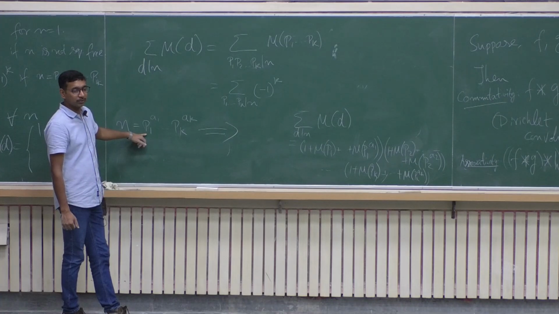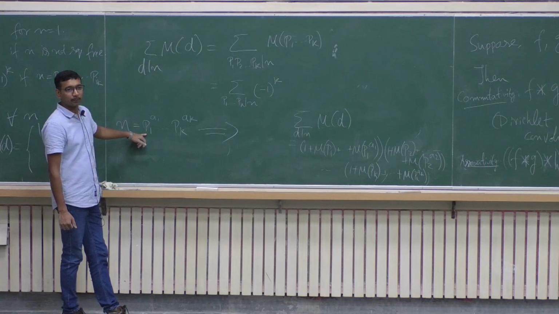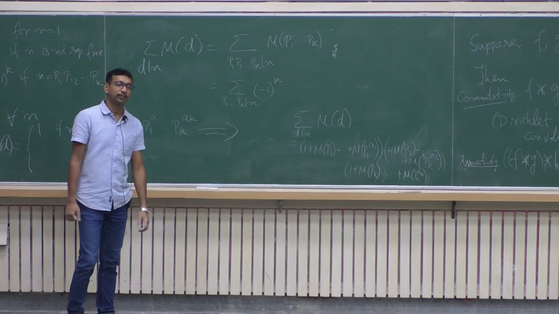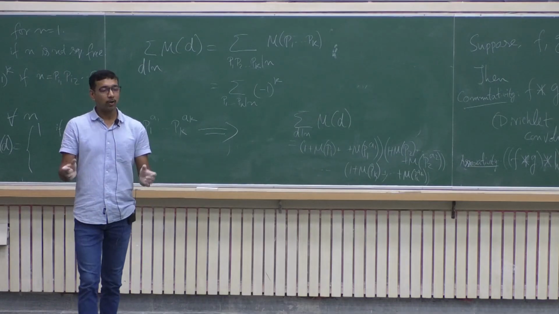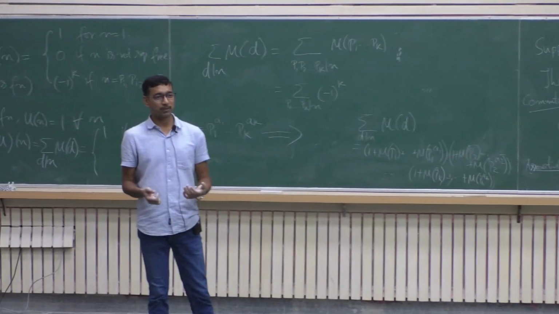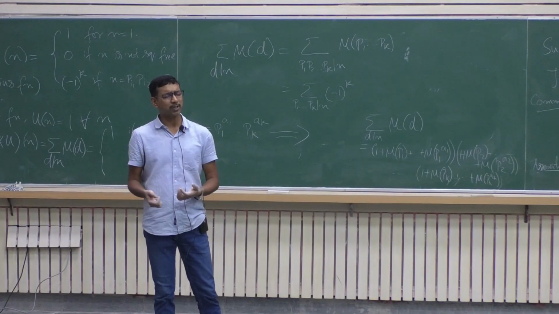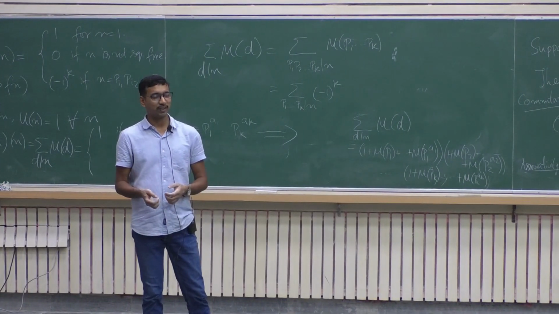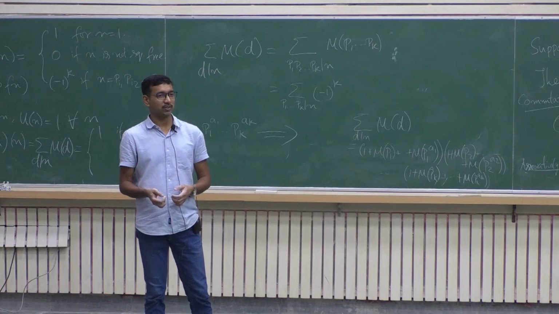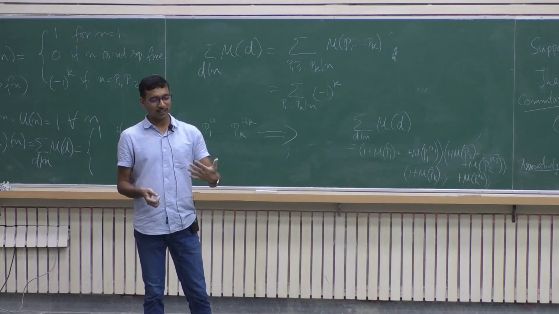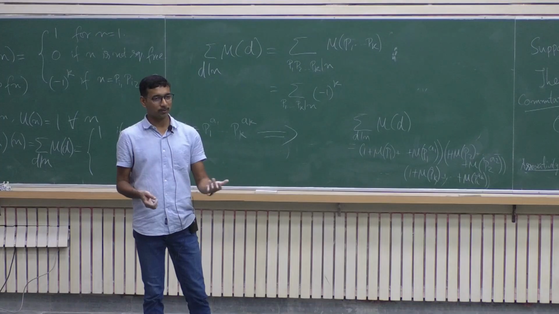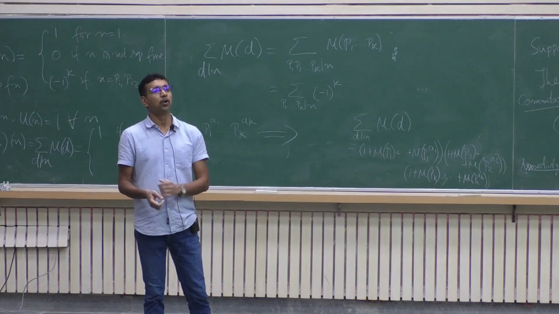Okay. Then we can think about how many all possible products of primes, all possible square free numbers, are dividing n, right? And there will be 2 power k such things, right? You can take any of the primes dividing it, or you cannot choose any.